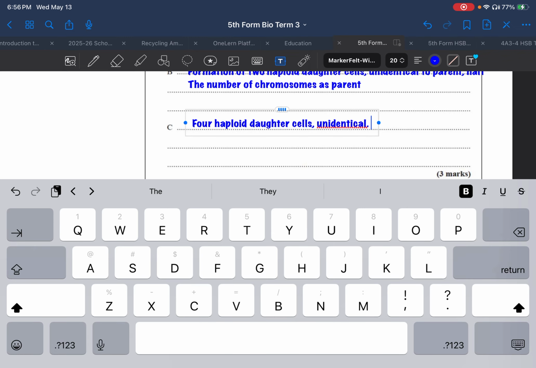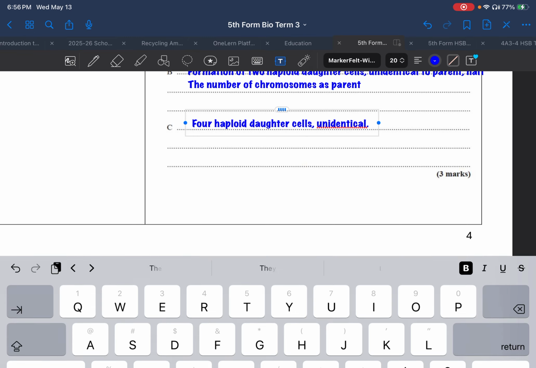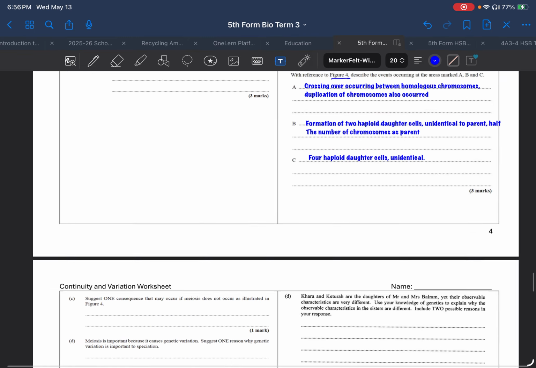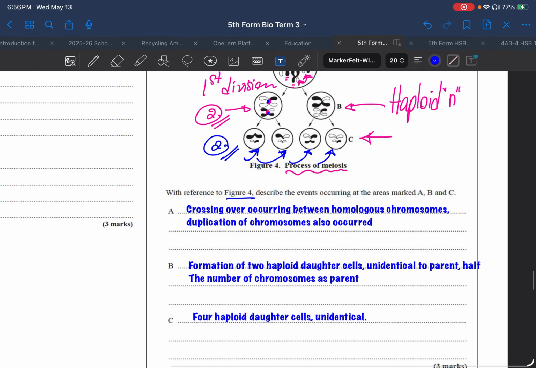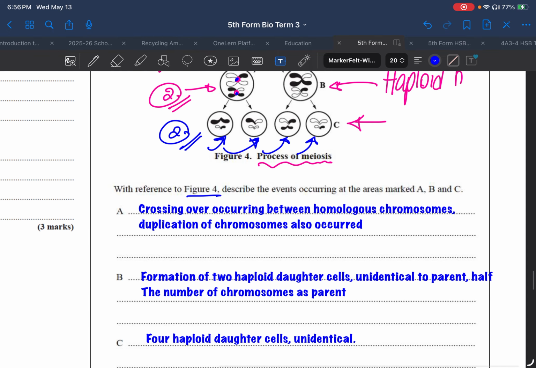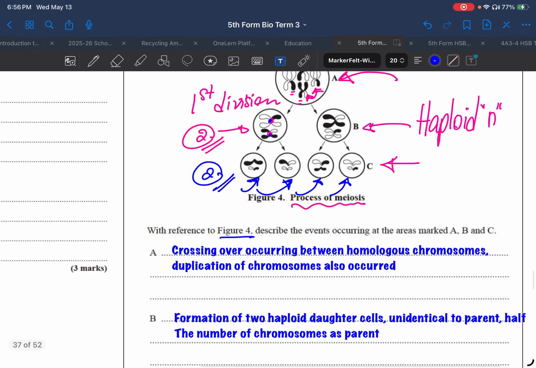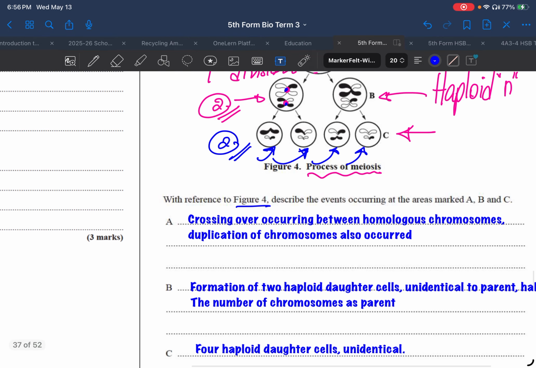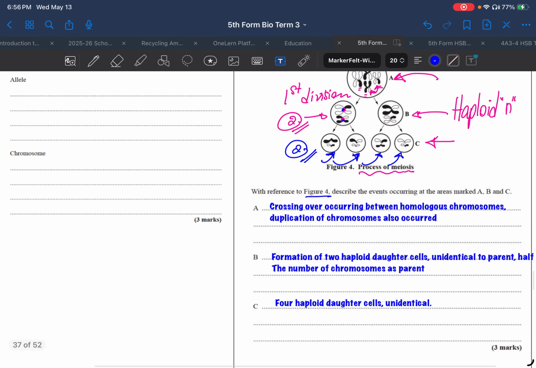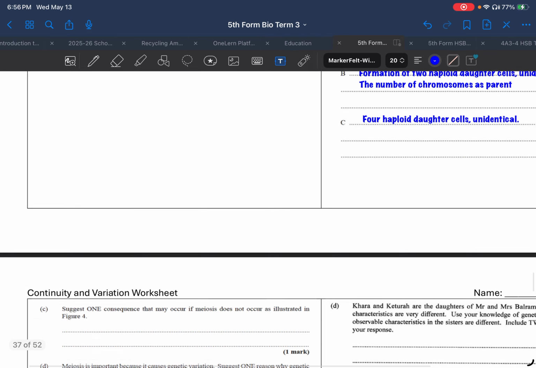Because remember, we said that these are what are found in the sperm and the eggs, which are all unidentical from each other. That is why when you have fertilization happening, you never get 2 siblings, no matter how much the siblings are related, they will not look like each other exactly, because of that variation in terms of the sperm and the egg and that crossing over, mixing of genes.